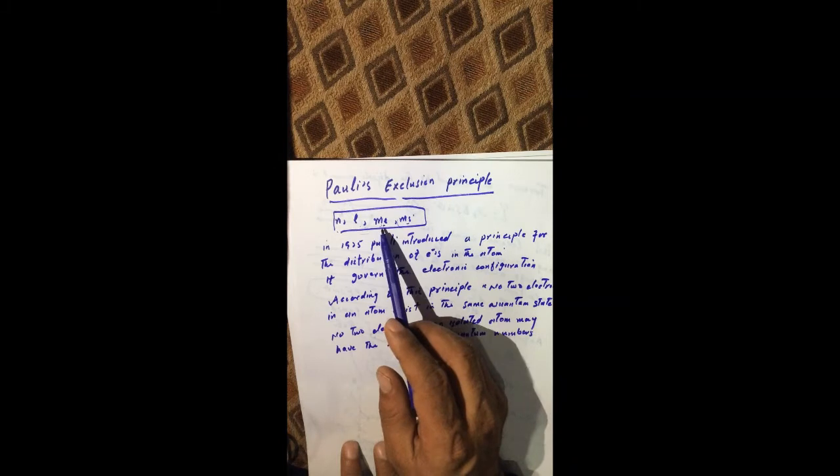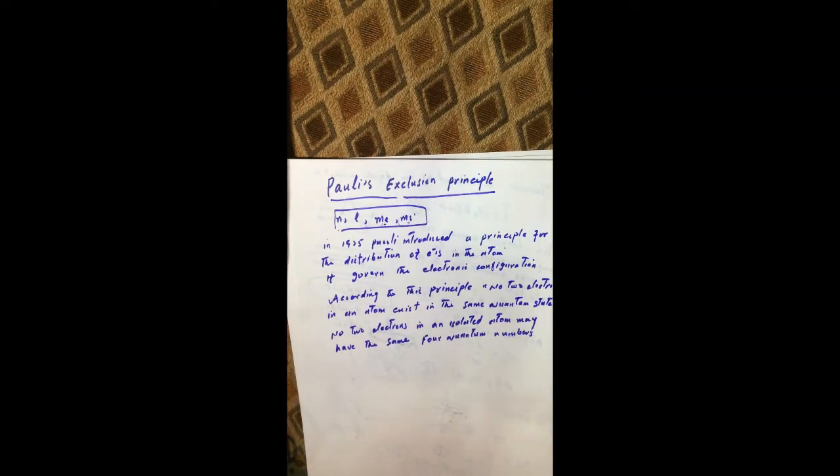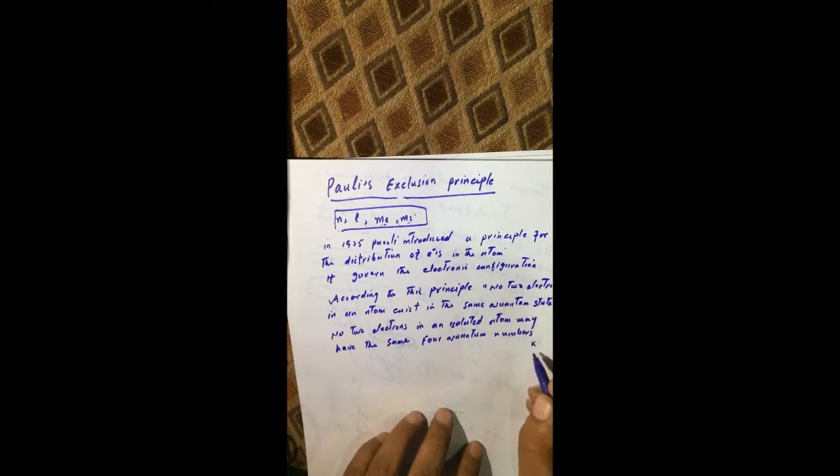This is the Pauli exclusion principle. We will explain it in detail by distributing electrons in different shells, like K, L, M, N, and so on, and we will see how each electron has different quantum numbers.